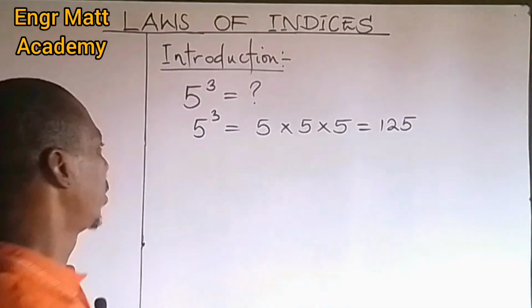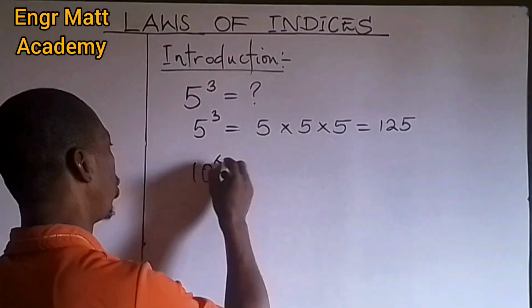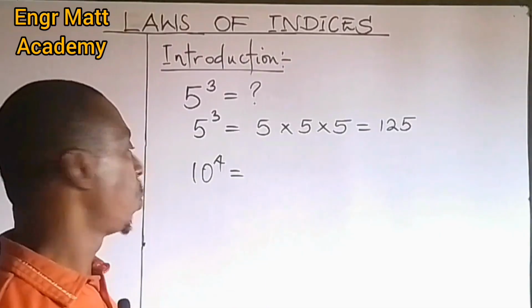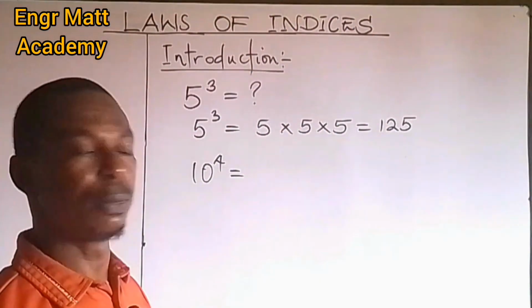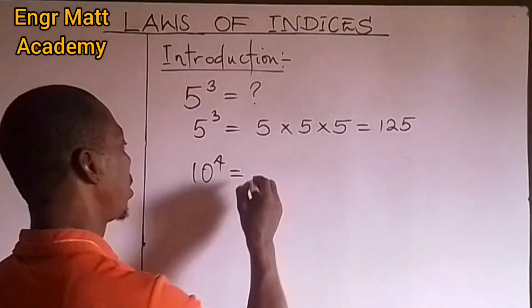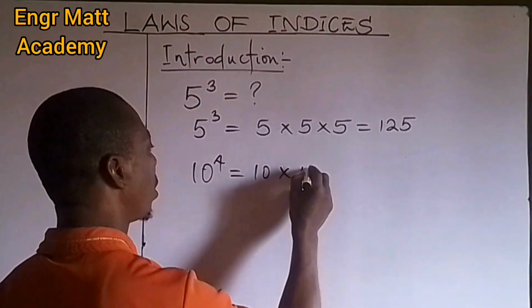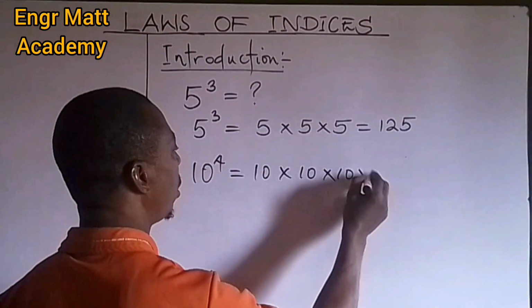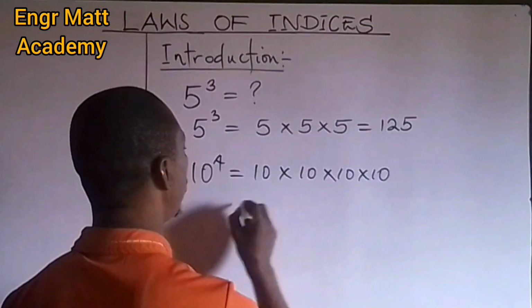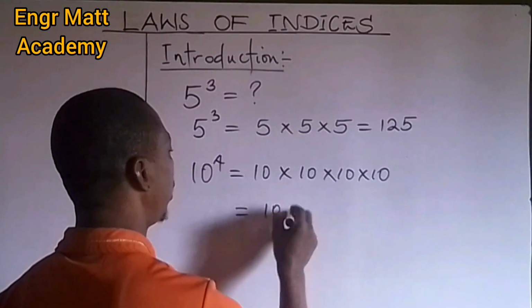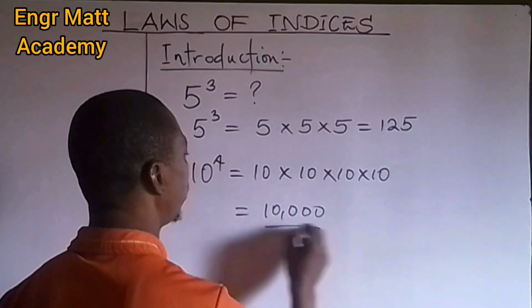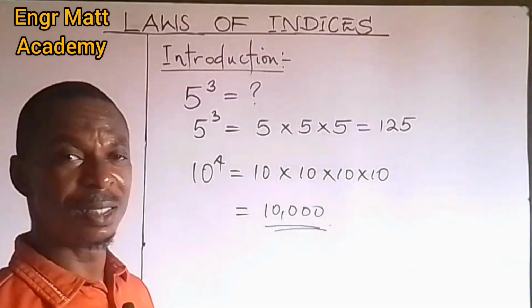Let's see another one. 10 raised to the power of 4. So 10 multiplied itself 4 times. That is 10 times 10 times 10 times 10, and this will give us 10,000.